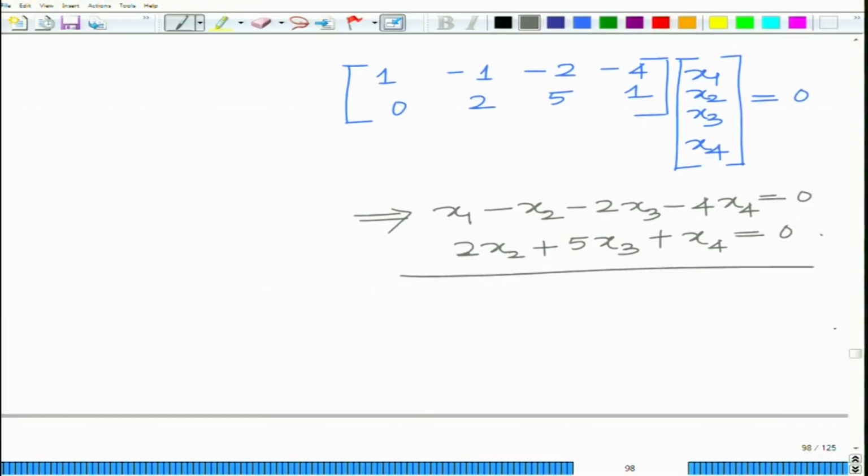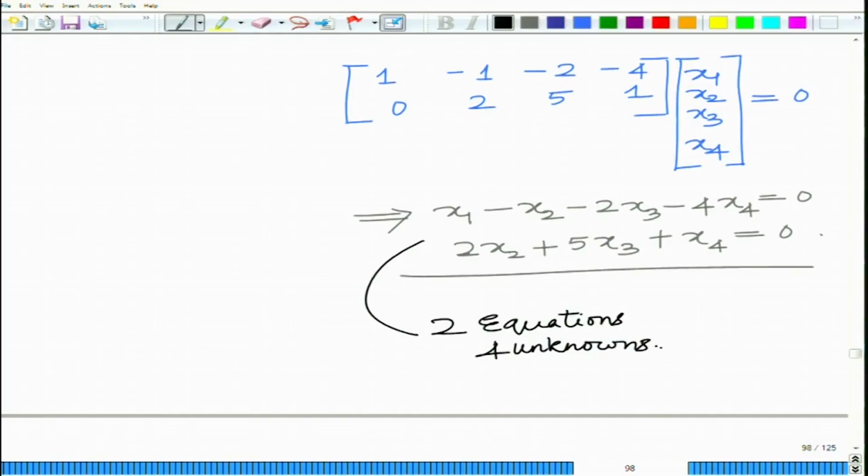So, we have two equations and 4 unknown variables x1, x2, x3, x4. What this means is basically we have two free variables. We can set two of the unknown parameters as free variables.